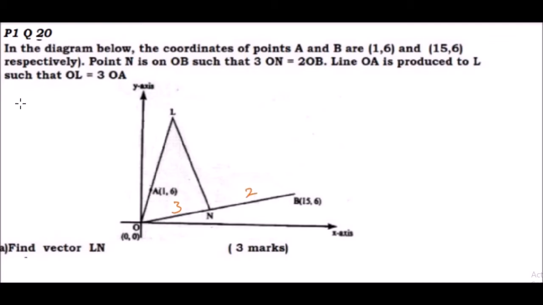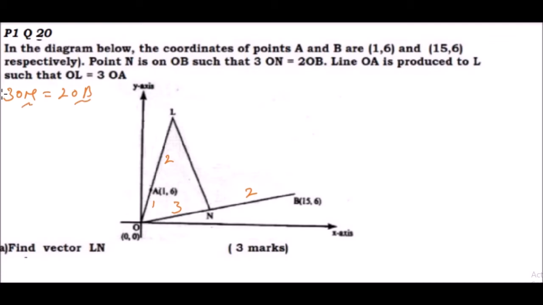Line OA is produced to L such that OL is equal to 3OA. So we can say that is 1 and that is 3. So that OL is 3OA. Find vector LN. So we can start by saying 3ON is equal to 2OB.